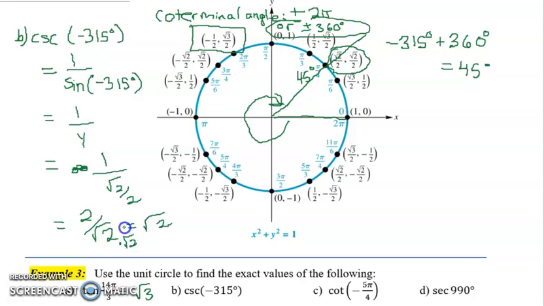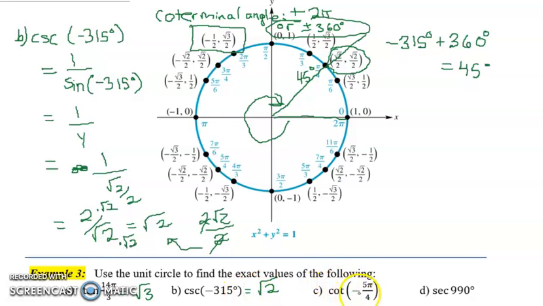If you multiply top and bottom by square root of 2, then you get 2 times the square root of 2 over square root of 2 times itself, which is 2, and then the 2's cancel. So that's where that square root of 2 comes from. And so now we have the value of cosecant of negative 315 degrees.